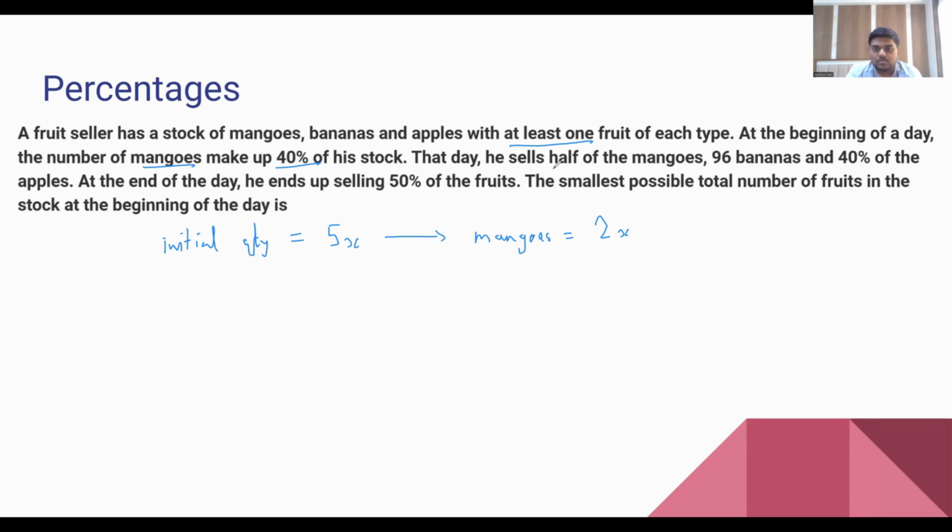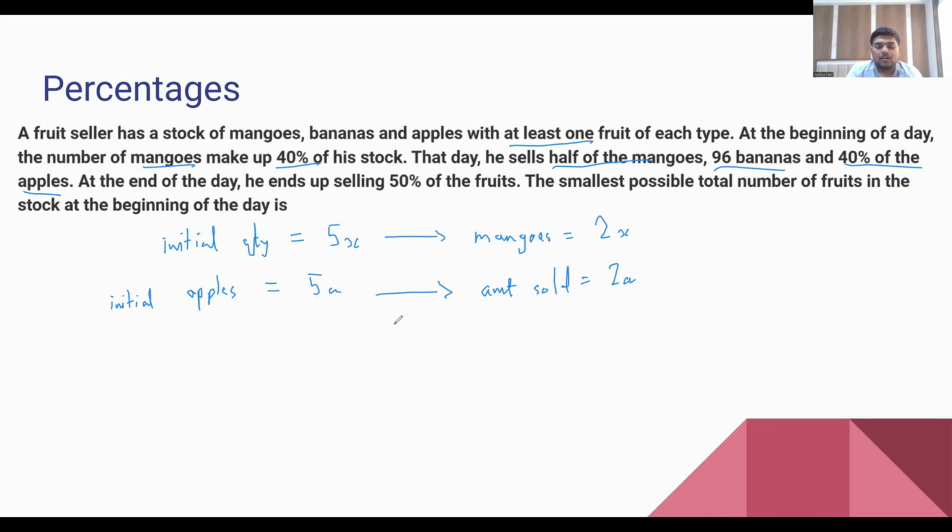That day, he sold half of the mangoes, 96 bananas, and 40% of the apples. So if we consider apples equal to 5a initial quantity, then the amount sold is 2a, right?